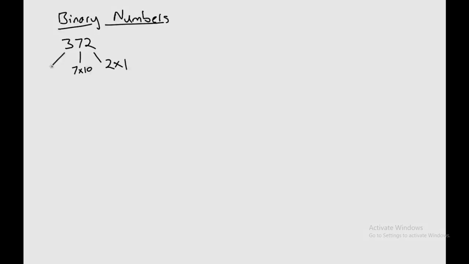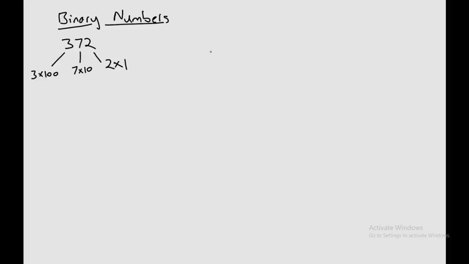And this bit is 3 times 100. So this is the decimal system based on tens, and the rightmost number tells you how many ones you've got, then how many tens, then how many lots of 10 times 10, then how many lots of 10 times 10 times 10, then how many lots of 10 to the power of 5, and so on.